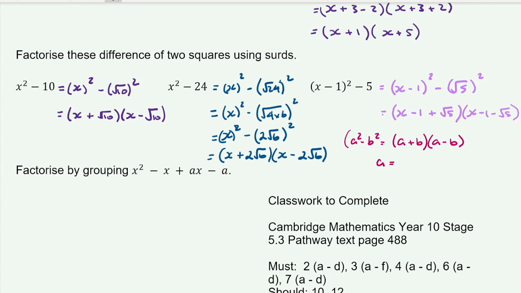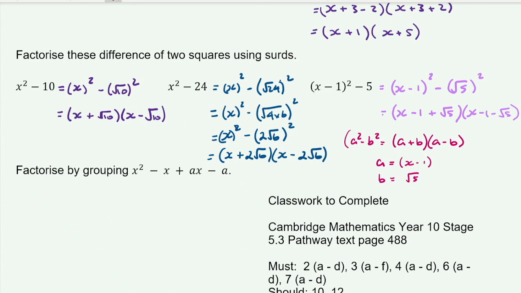A equals, for our purposes, x minus 1, b equals square root of 5. Okay, so that's that last question done. Again, just that little bit tricky. But find those common factors, use the square roots, and you'll be just fine.